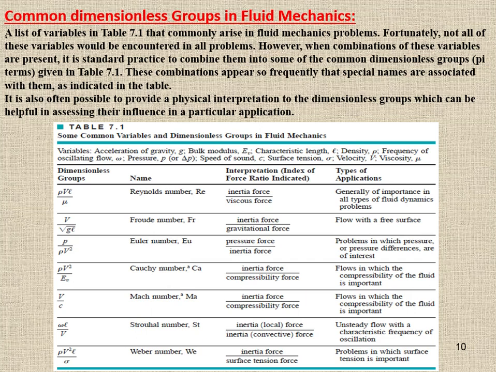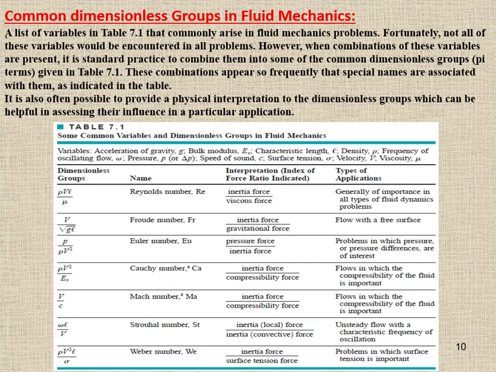Those groups that are repeated in most cases are listed here, and these groups have a physical interpretation also. These represent a specific relationship, and that is why these groups appear in most problems and most phenomena.